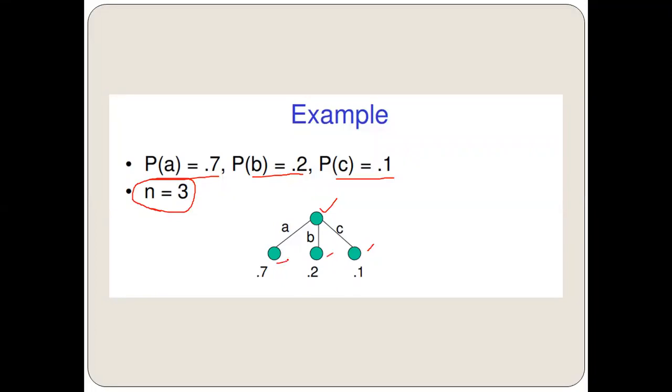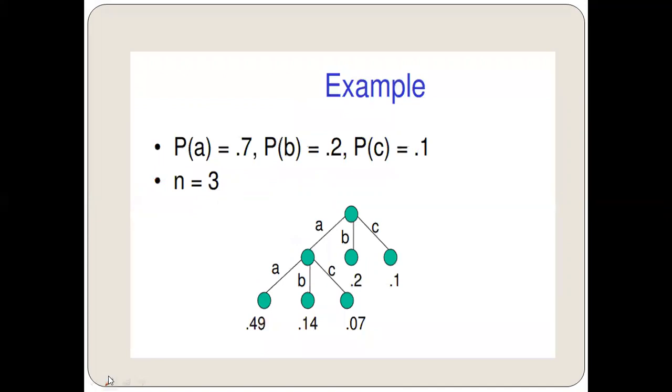Moving further, we are going to elaborate it further. The maximum probability node will give birth to 3 nodes, that will be AA, AB, and AC.